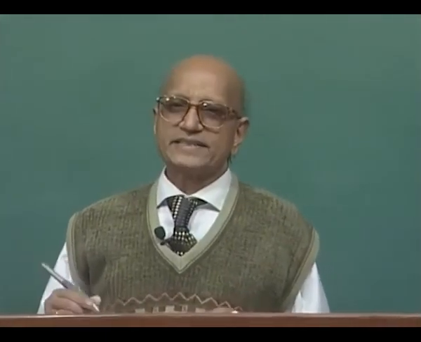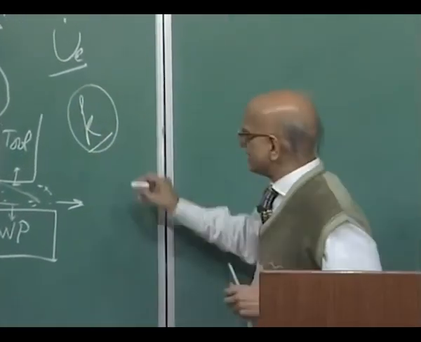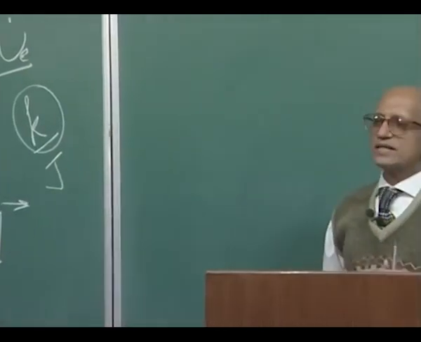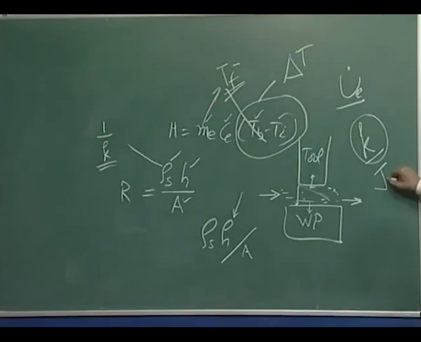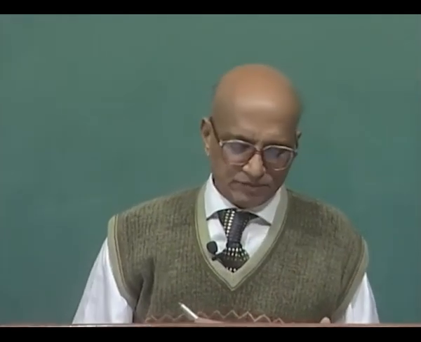And current density J is a function of the electrical conductivity of the electrolyte. So, once K is varying, how J is varying should also be known to us. So, let us derive these equations for the present purpose.